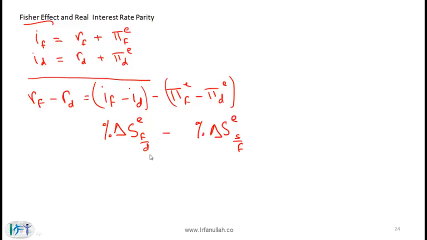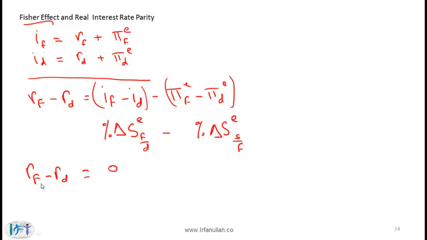So what this means is that if both uncovered interest rate parity and relative purchasing power parity hold, then essentially we have the same number minus the same number. So this is 0, which means that the real interest rate differential between the foreign currency and the domestic currency is 0.